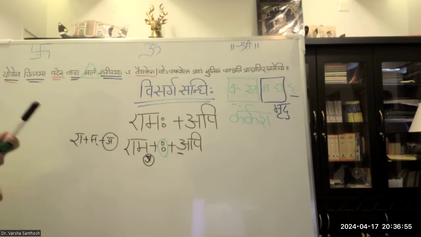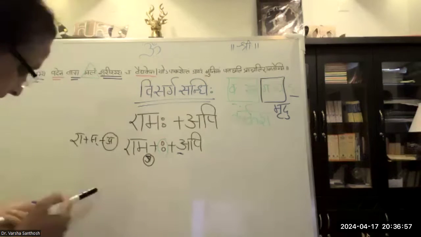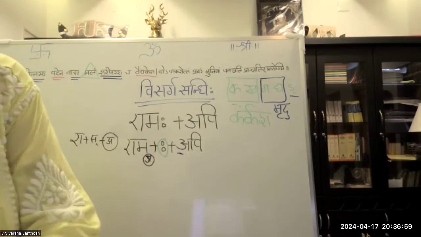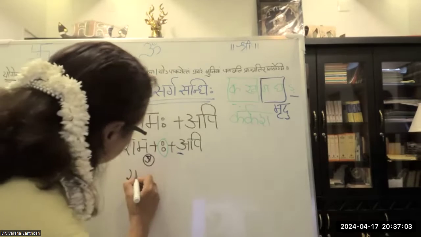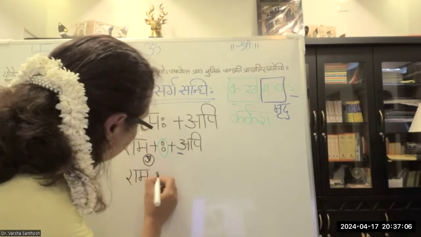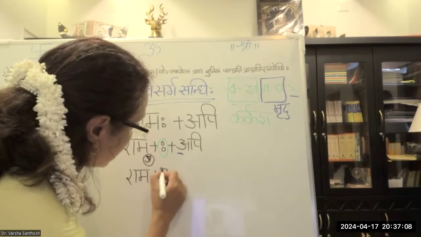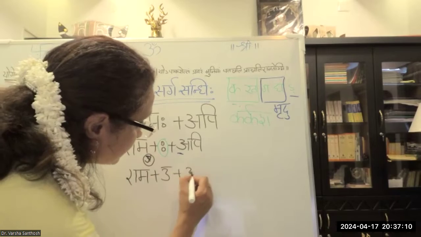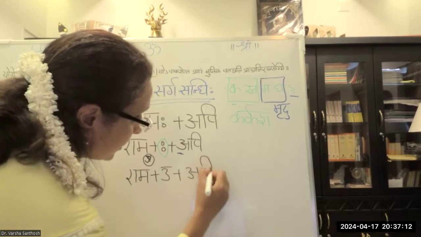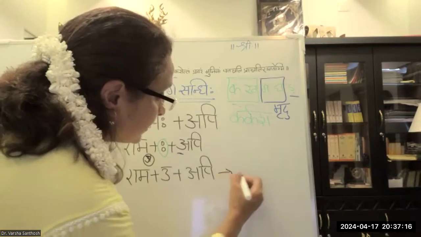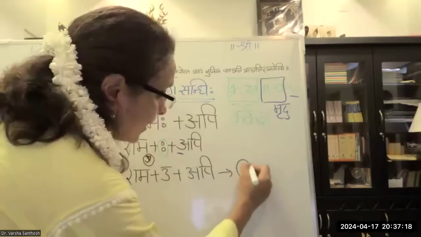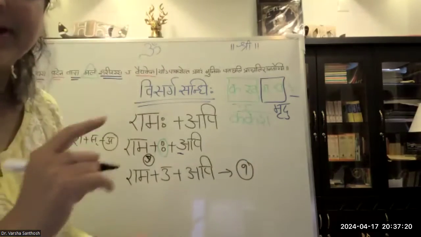So now our situation is Rama plus U. Now the Visarga in this condition has become U. So this is our Visarga Sandhi. I'm marking one for a particular reason.